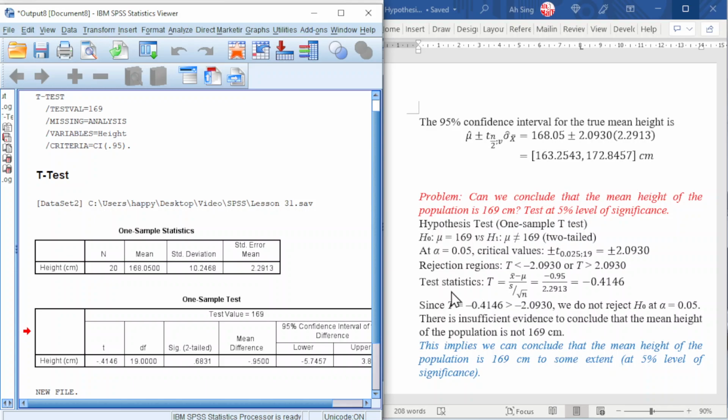For the test statistics, we already obtained the t-value here. As we can see, the computed value is negative, which means that we should compare the value with the negative region. And we conclude that the value is greater than the critical value.